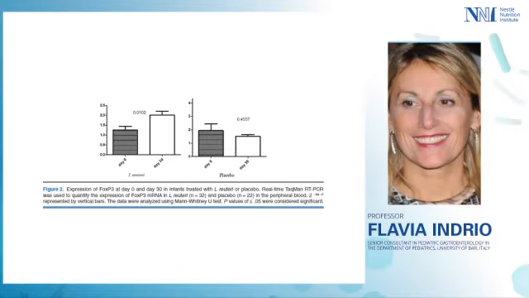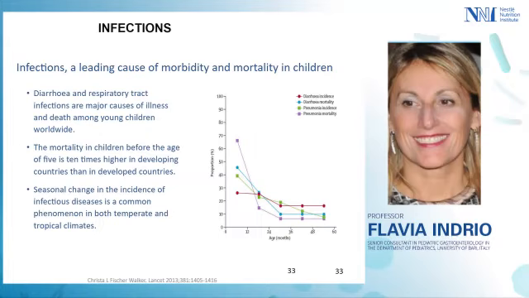But this is about the inflammation of the intestine. Is there any effect on infection in general? All of you know that infection is a leading cause of morbidity and mortality in children. Diarrhea and respiratory tract infection are the major causes of illness and death among young children worldwide. Of course, mortality is higher in developing countries, but in any country the incidence of infectious disease is very high and creates a lot of problems in society.